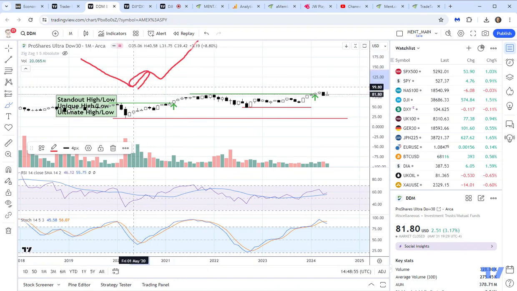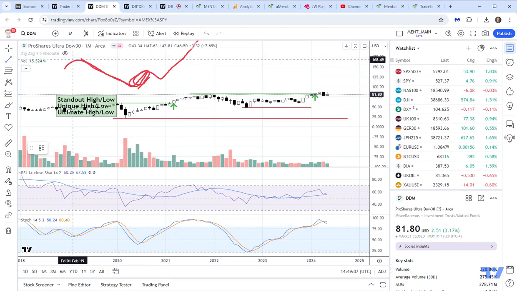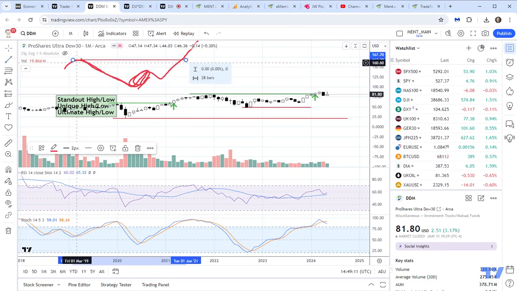These impulse moves can be fake outs, so you have to be very cautious about it. What you really want to try to do is establish some sort of a move like this, where ultimately the breakout has to be above some previous ultimate high or ultimate low level.